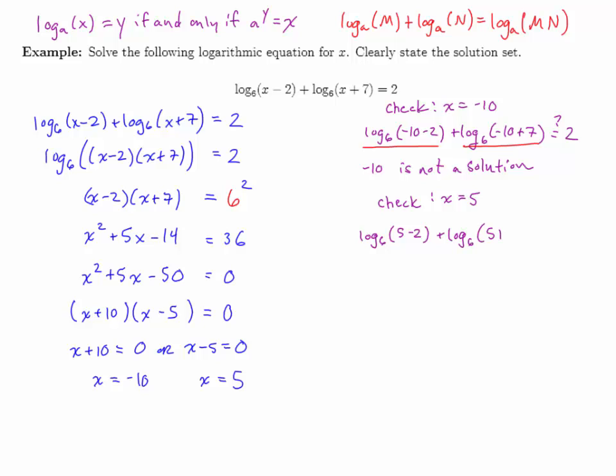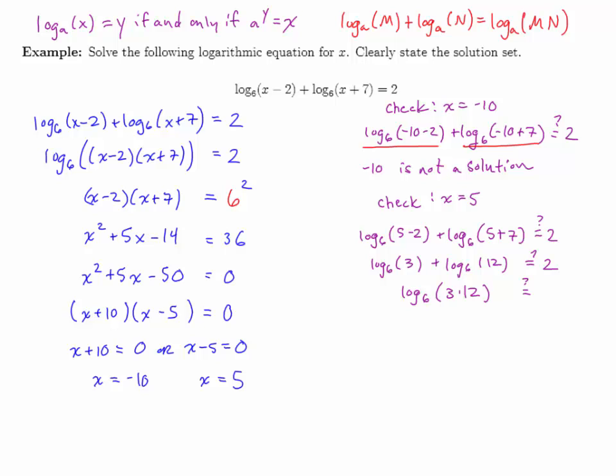of 5 plus 7, and we're checking, does that equal 2? So this will simplify down to log base 6 of 3 plus log base 6 of 12. And we're again asking ourselves, does that equal 2? So at this point, log base 6 of 3 and log base 6 of 12 don't simplify, but we could, again, use that same property of logarithms we did to solve this equation to show that this is equivalent to log base 6 of 3 times 12.